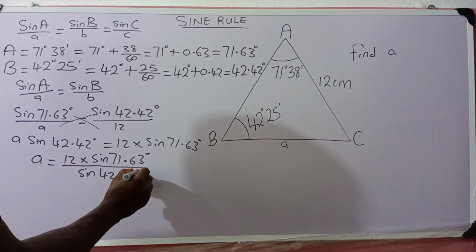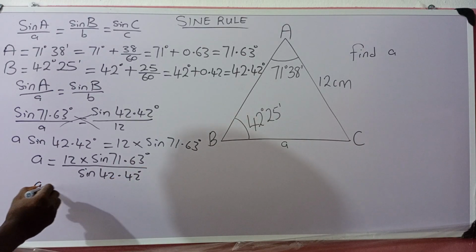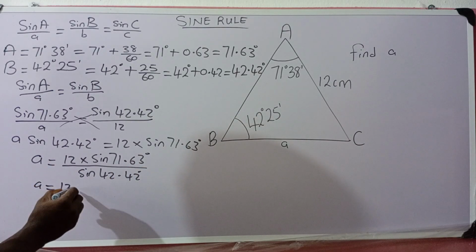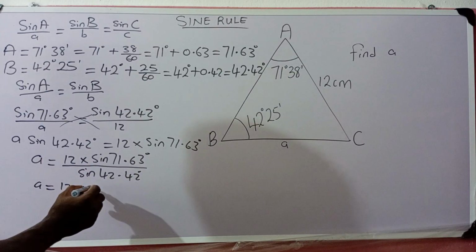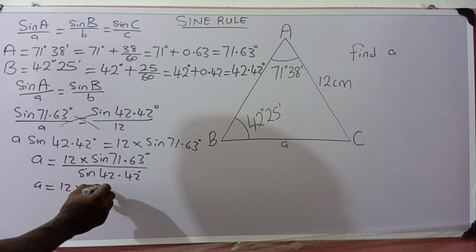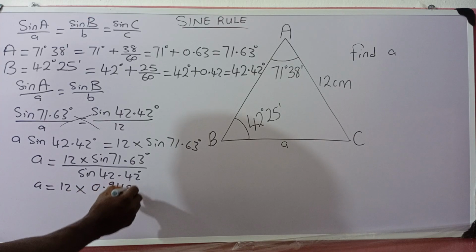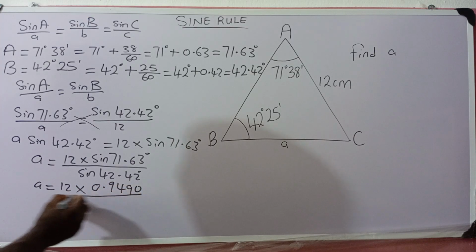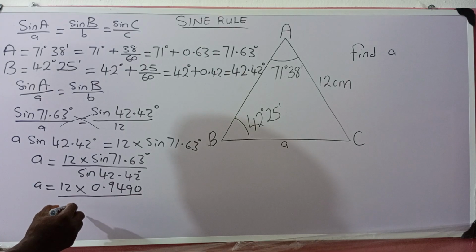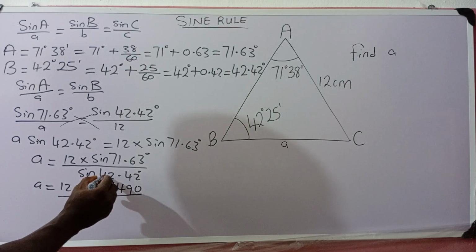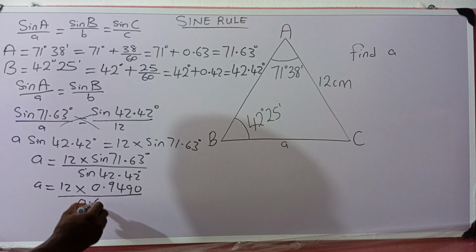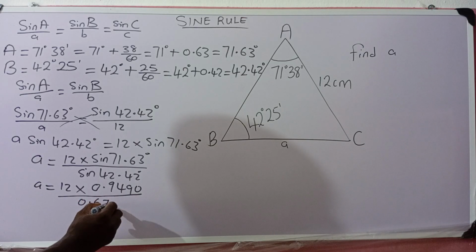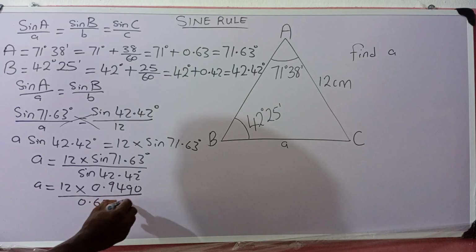So now let's substitute that into variable numbers. Sine 71.63 will give us 0.9490 all over sine 42.42, which will give us 0.6746.